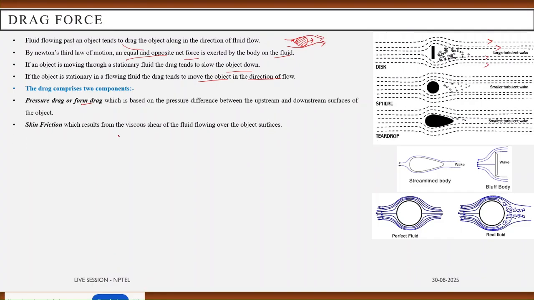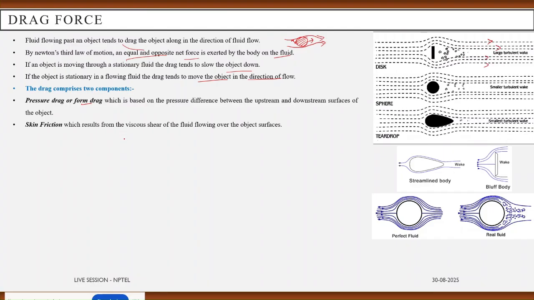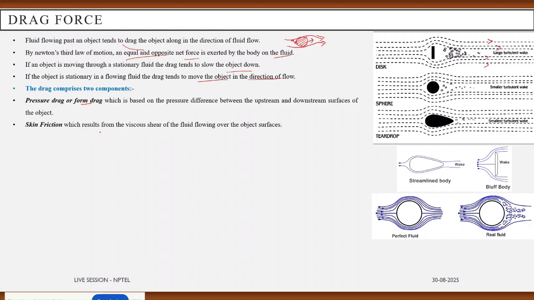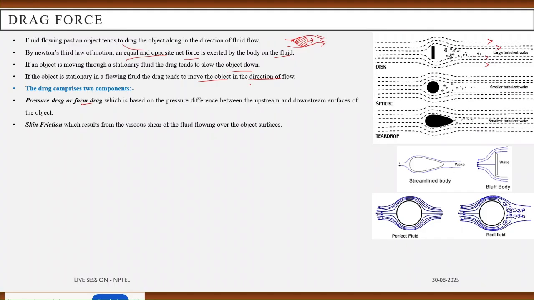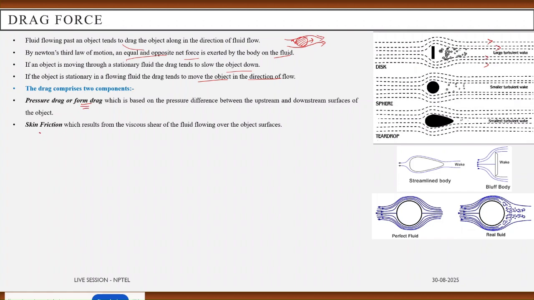And the second one is skin friction, which results from the viscous shear of the fluid flowing over the object surfaces. So basically, two types of drag you can expect. One is form drag and another one is skin drag, or viscous drag, you can say.